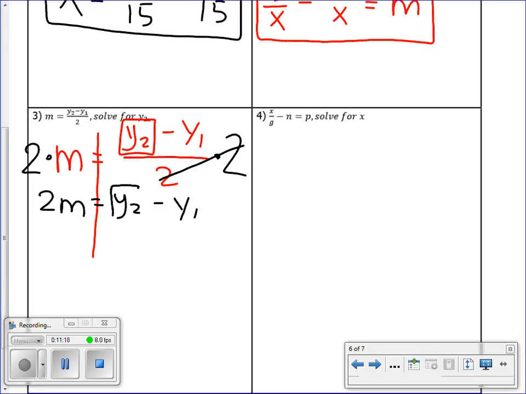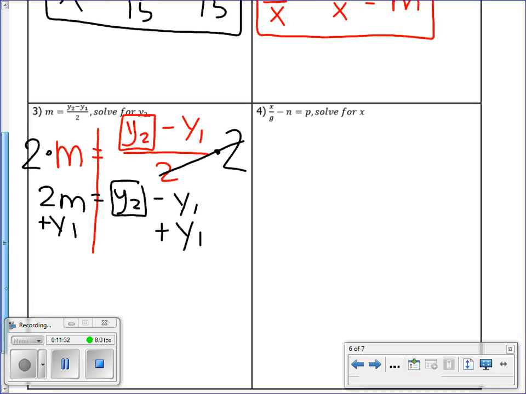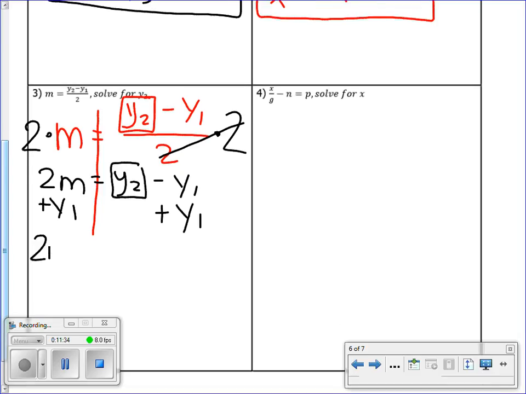Putting a box around y2. How do I move negative y1 to the other side? Well, in order to undo negative y1, I add y1 to the other side. I cannot combine a 2m and a y1 together, so I just rewrite it 2m plus y1 equals y2. And that is your final answer.